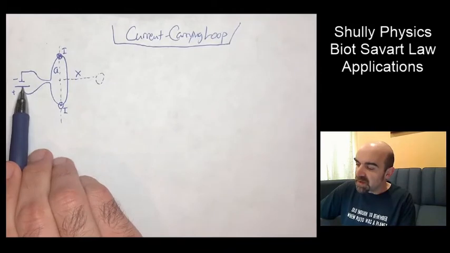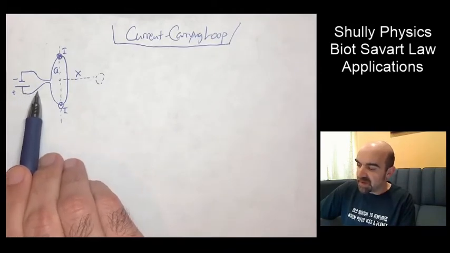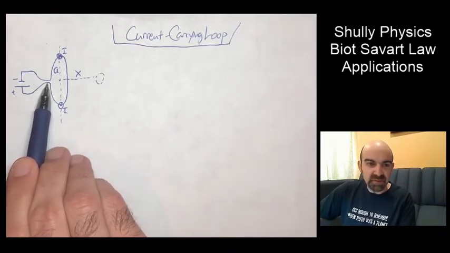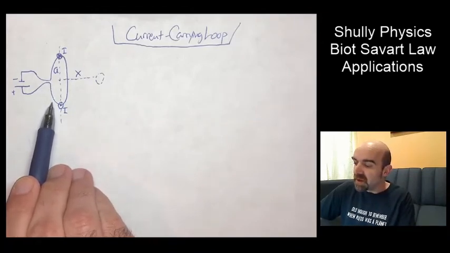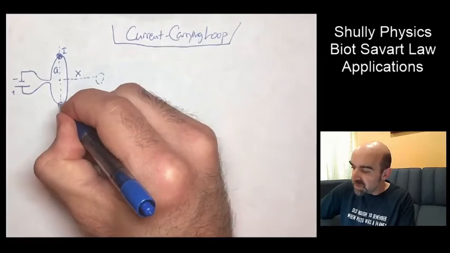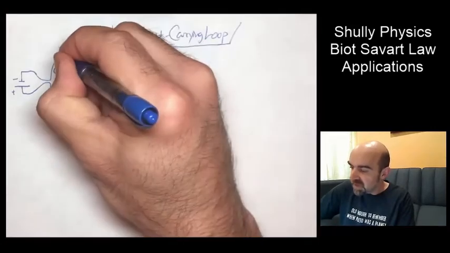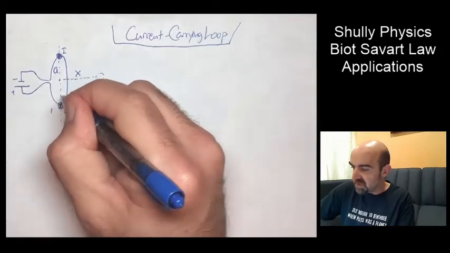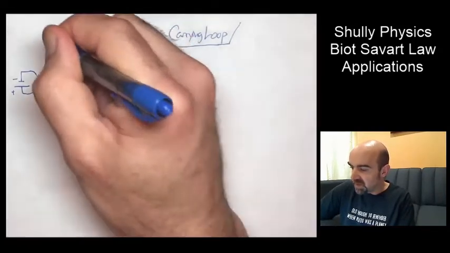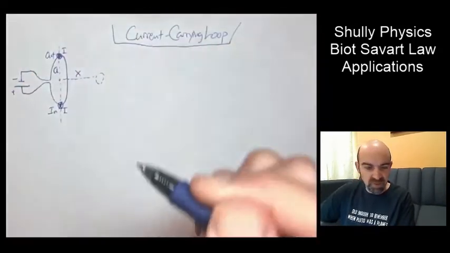Track a wire to connect to the positive side of the battery. And this part of the loop would be in the foreground above the page. And here we're going into the paper right here. And up top, we're going to come out. So we have the current going into the paper there and out of the paper over here.